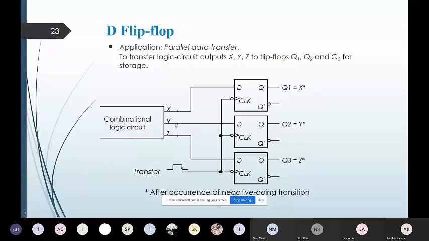And here, with the help of these three different D flip-flops separately, this X, Y and Z will be provided as an input to the next coming input circuitry. So to separate this out and to transfer the data parallelly, the D flip-flops can be used as shown in this diagram. But we know that here the D flip-flops are going to work with respect to the clock edges.